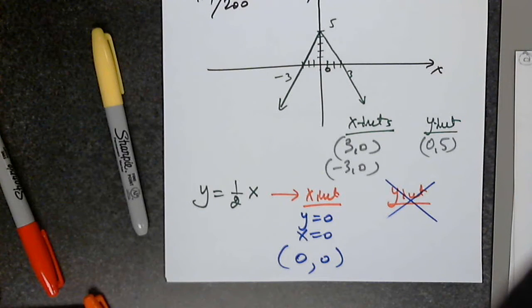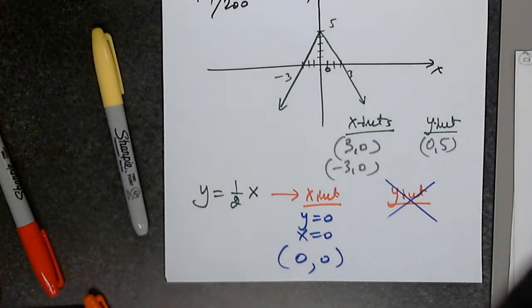I have to make up another point. And I'm saying 5, 9. No. That doesn't work. I have to pick x, calculate y. Or I pick y and calculate x. I can say 10, 20. No. That doesn't work.